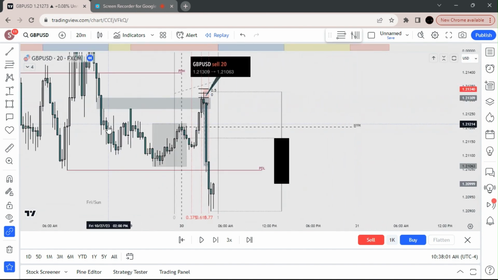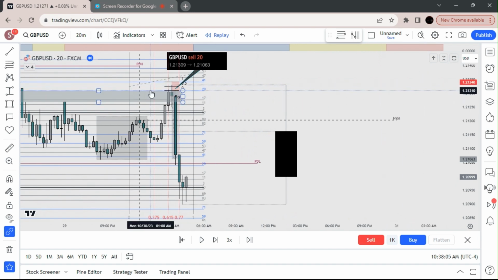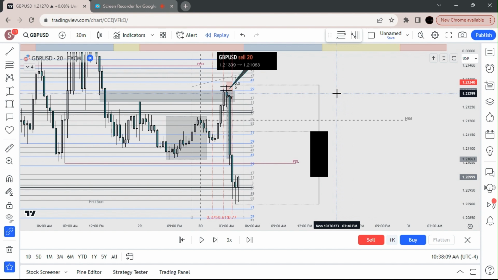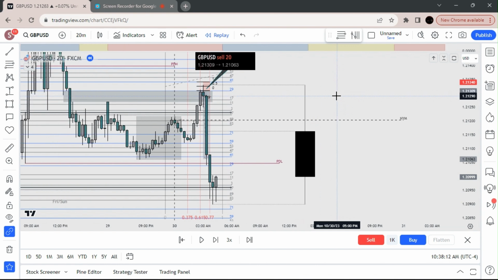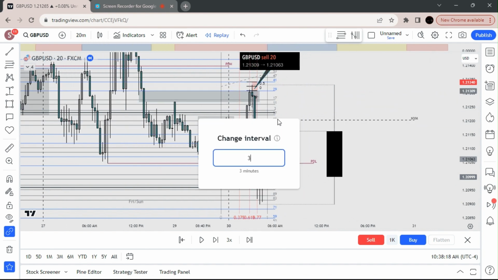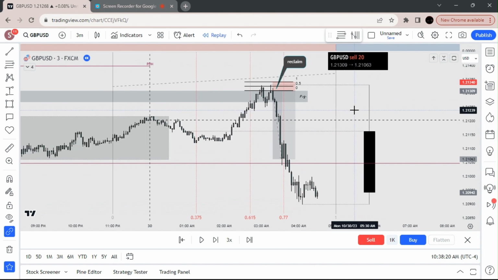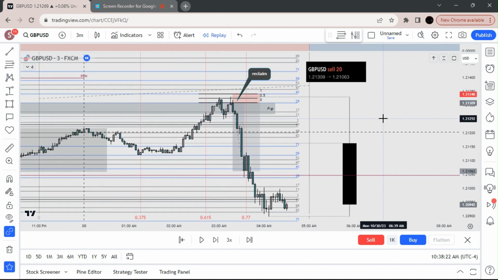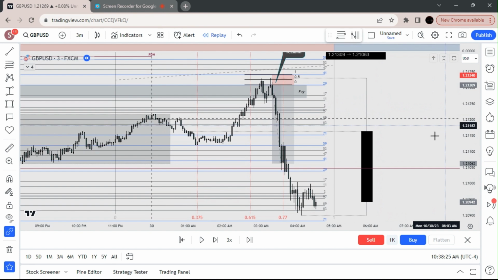If we go to the 20-minute here, we have a 20-minute FVG right here, and price respected it to the top perfectly. That's why I like waiting on these particular time frames to see if we hold or reject. My entries are generally on the 3-minute or 2-minute charts.